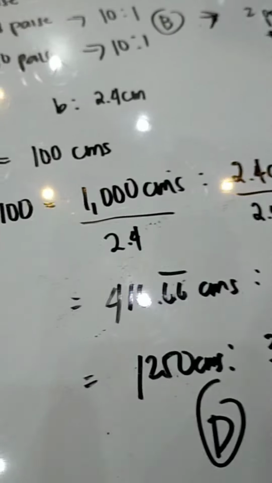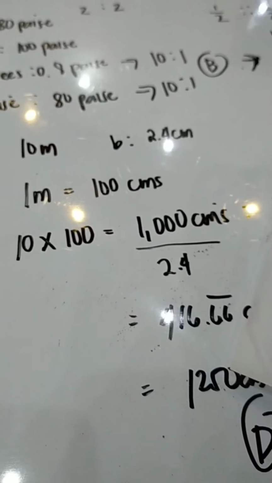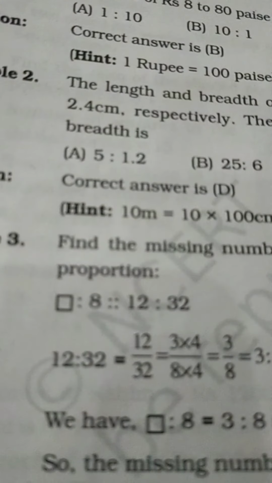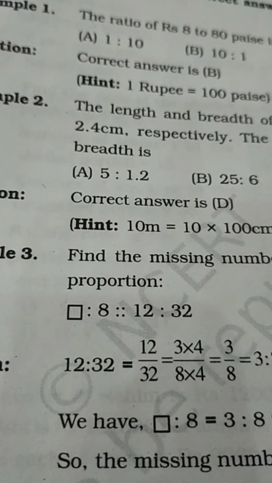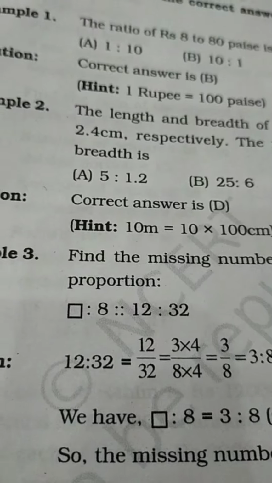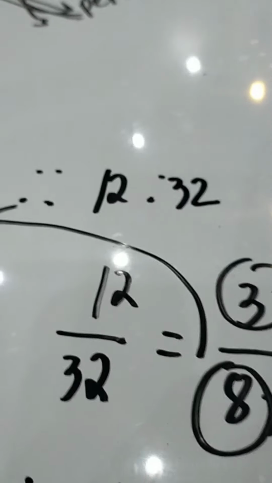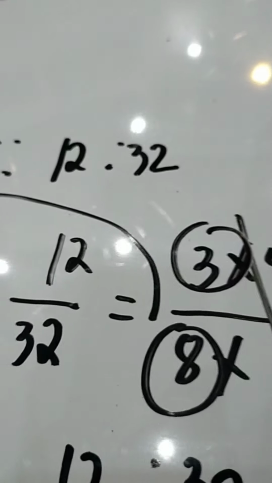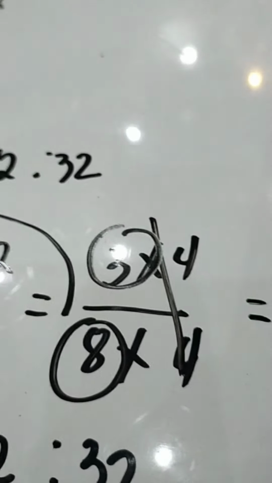Next, we have example number 3. Find the missing number in the box in the following proportion. Blank is to 8 is to 12 is to 32. So, dito sa solution niya, we have 12 over 32, which is equal to 3 times 4 over 8 times 4.